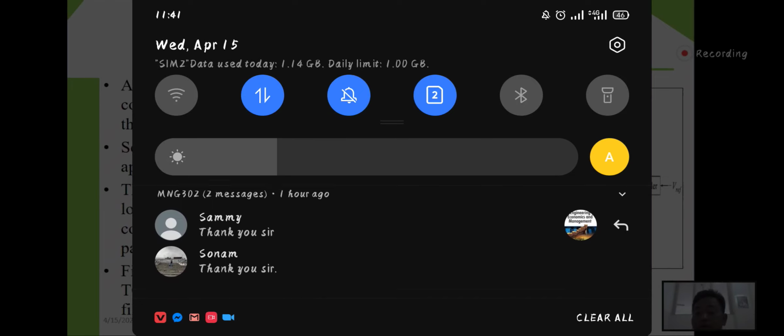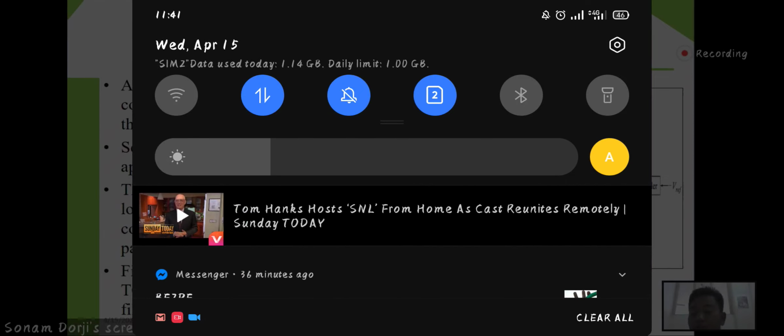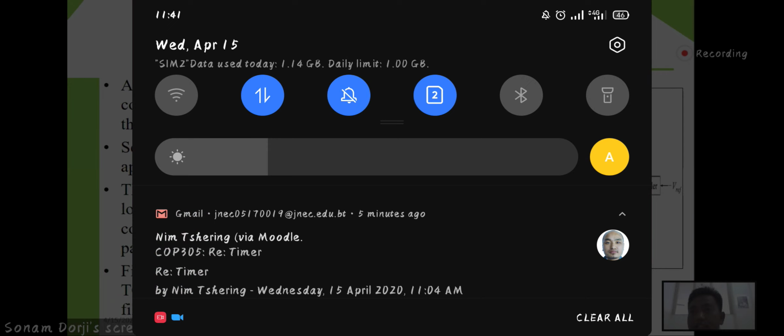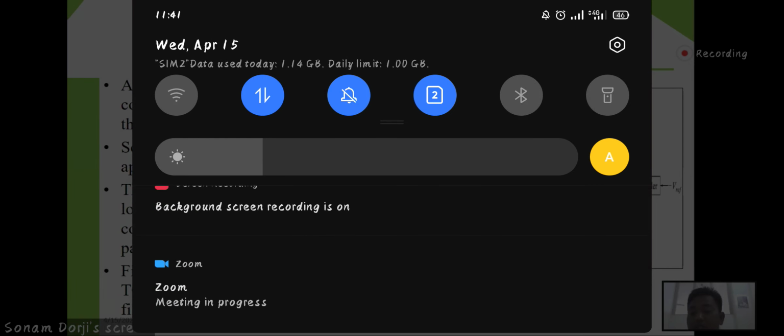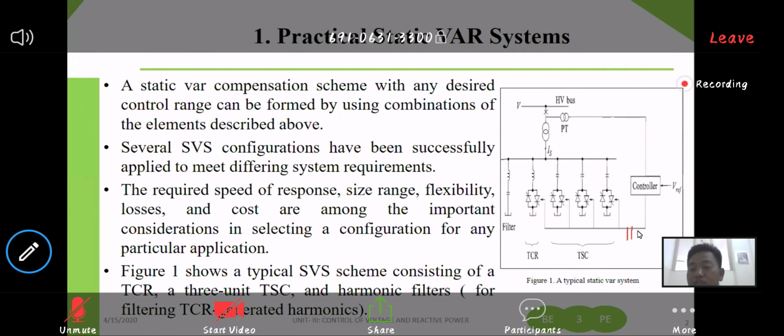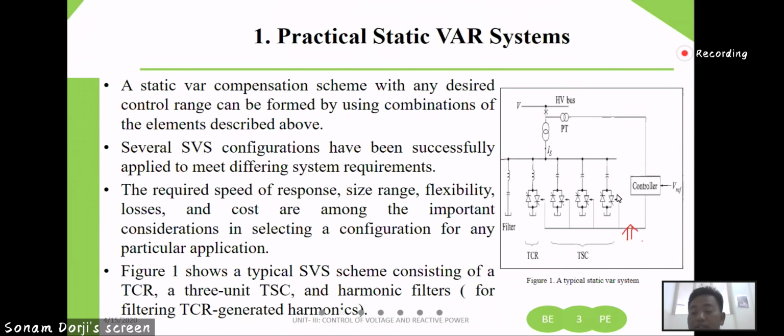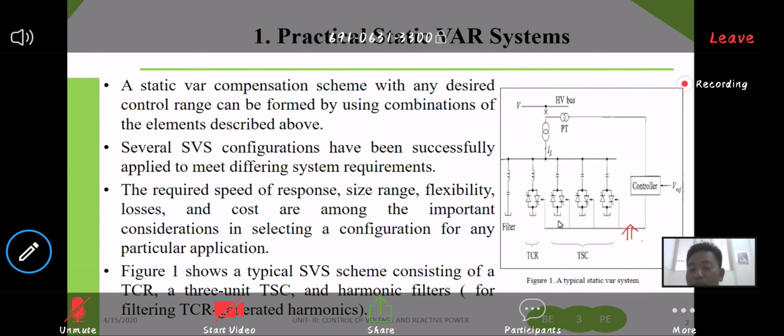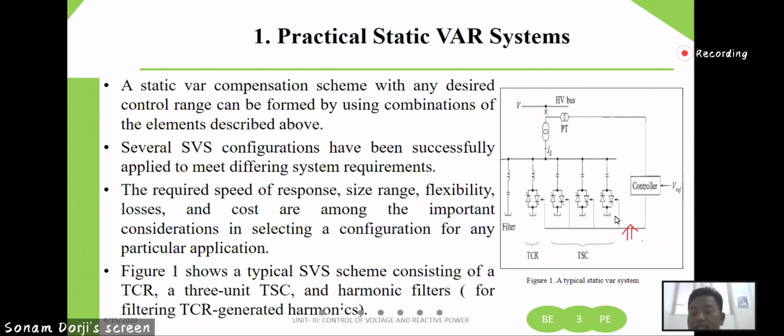This is because normally our power system load is inductive in nature, which means most of the time voltage drop takes place. So we have to inject reactive power. In such a case we require more TSC, because reactive power can be injected by TSC, whereas for TCR, I have not often heard of the Ferranti effect taking place. Its occurrence is very minimal, and only at that time do we have to use TCR.